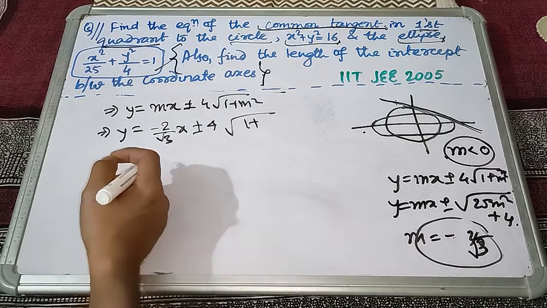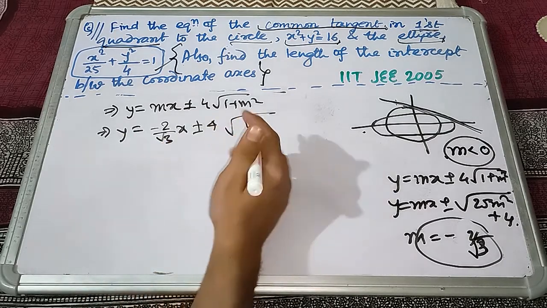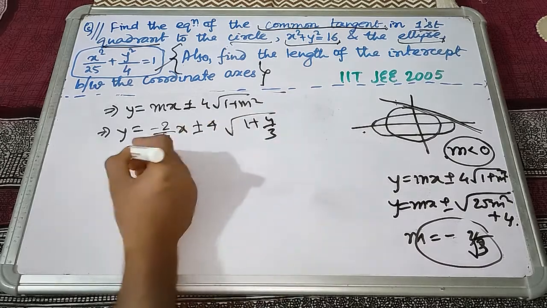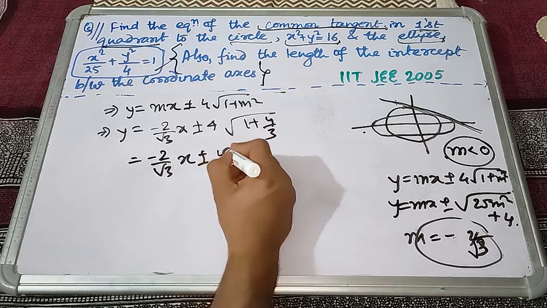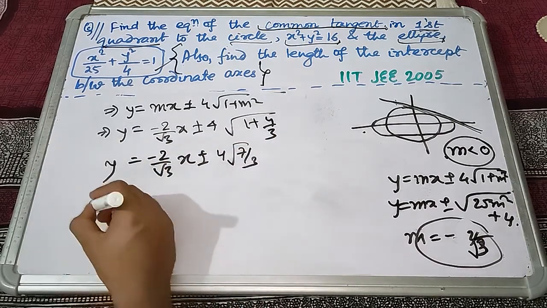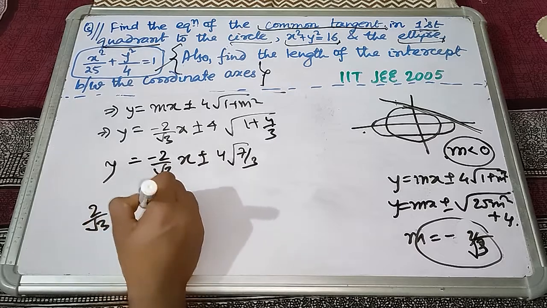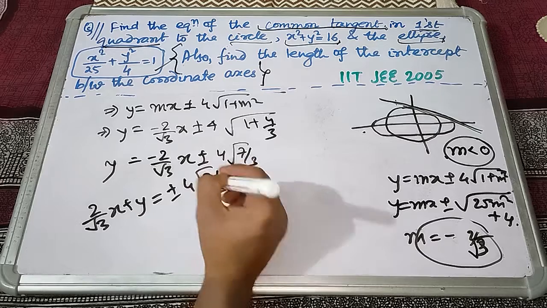Now insert, this becomes 4/3, so y = -2/√3 x ± 4√(7/3). Now bring x and y together: 2x/√3 + y = ±4√(7/3).